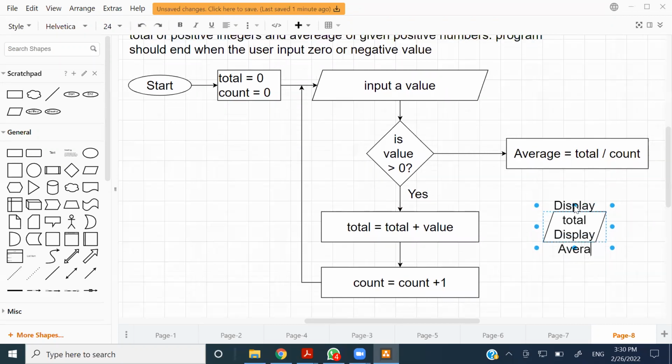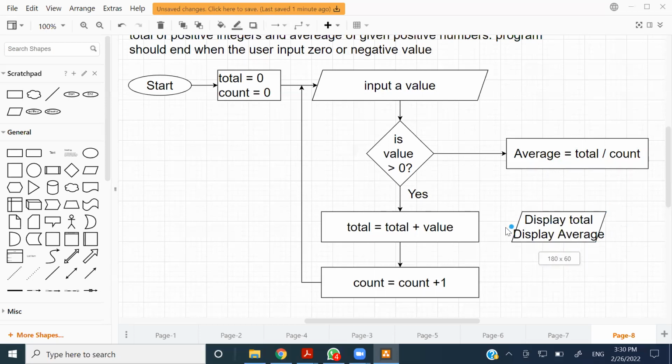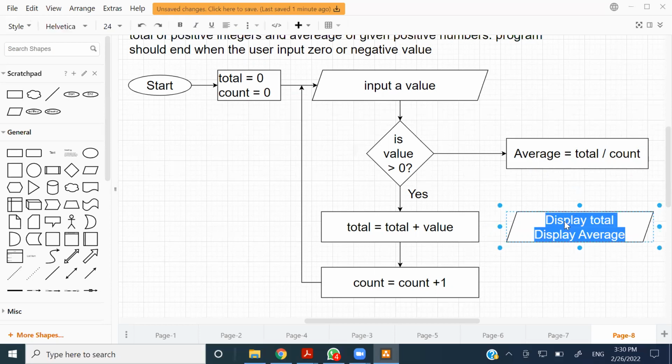It's better you use the exact letters and cases that you have used earlier, right?